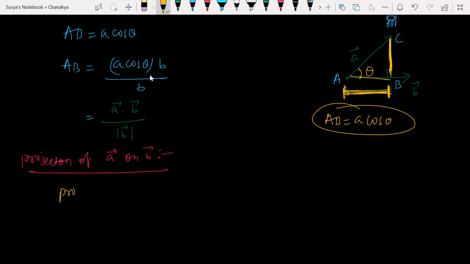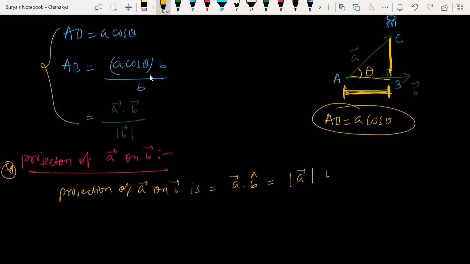Whatever I wrote here for your understanding, you can write as well, but technically you have to write like this. Projection of A on B is what? A vector on B is nothing but what?